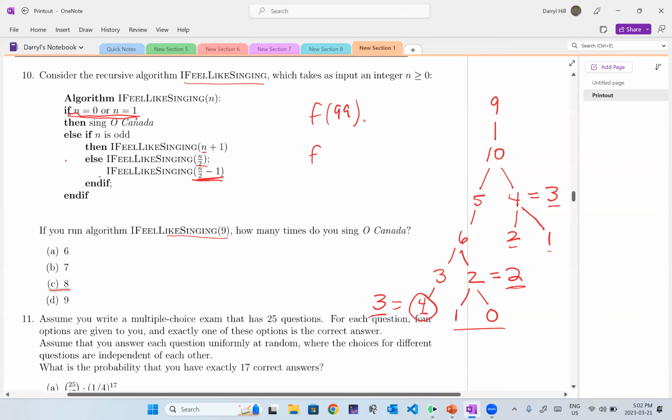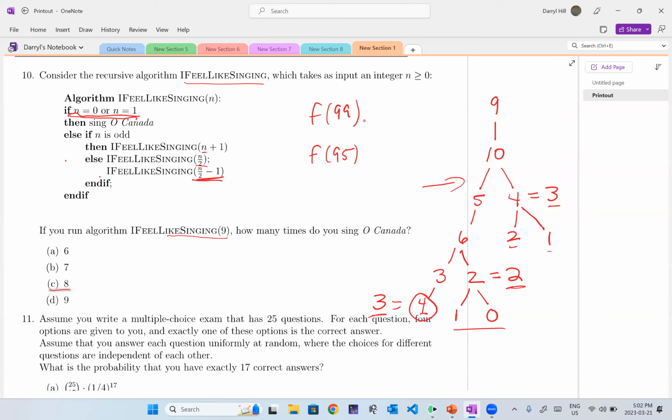How many times does this call Fibonacci 95? I mean, you can draw this out, but let's think about it. If this is indeed the Fibonacci series, so this is the 95th Fibonacci number. I don't know what it is, but how many times have I called this in my initial call to F99?